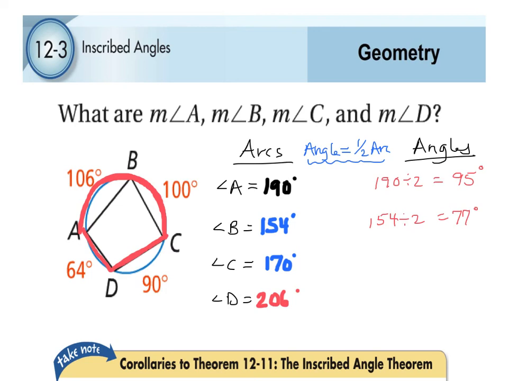Angle C, if the arc is 170, 170 divided by 2 gives me 85 degrees. And angle D, if the arc is 206, 206 divided by 2 gives me that angle D is 103 degrees.